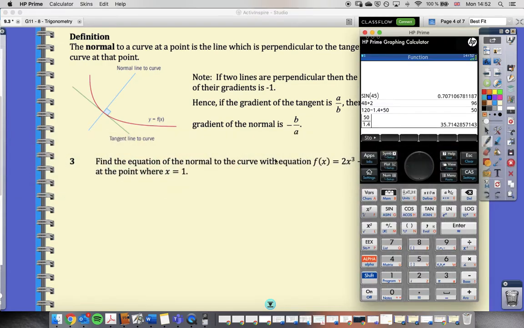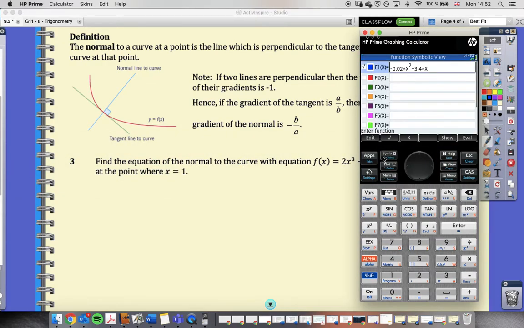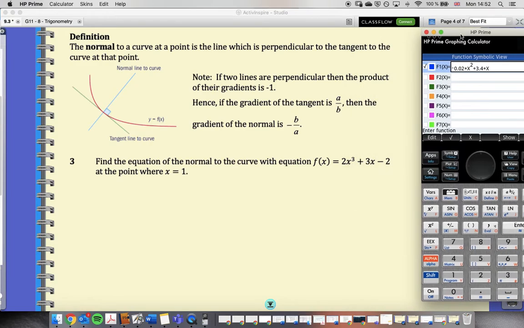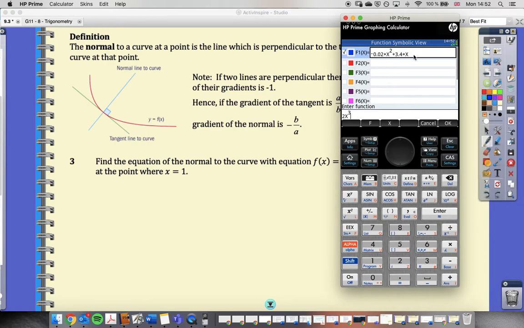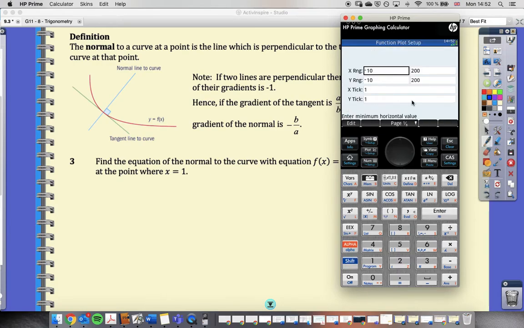Let's get the calculator, and we're going to put in our new function, 2x cubed plus 3x minus 2. We don't want to be going up to 200 anymore.